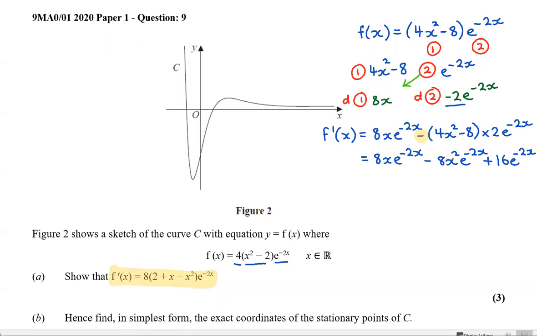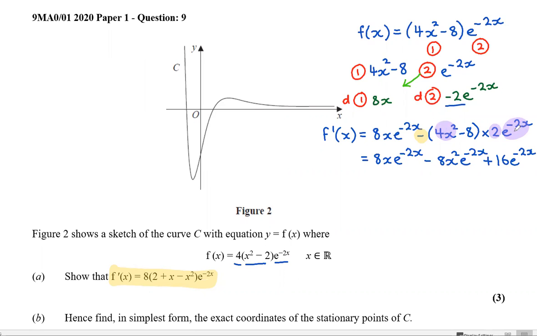Just to explain what's gone on there, I've multiplied the 4x squared here by 2 and e to the negative 2x. That's given me the 8x squared e to the negative 2x plus the minus at the front. The next term is going to be positive because we have a double negative. So we have plus 16 e to the negative 2x.